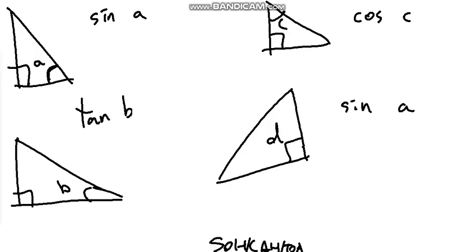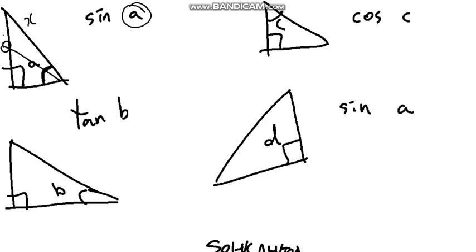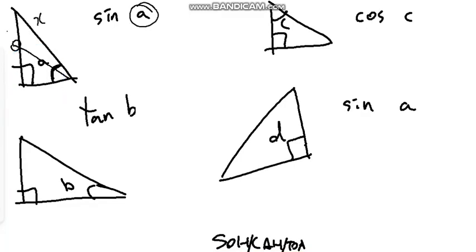Since we're using A right now, the opposite would be this side. This would be the adjacent, and this would be the hypotenuse.